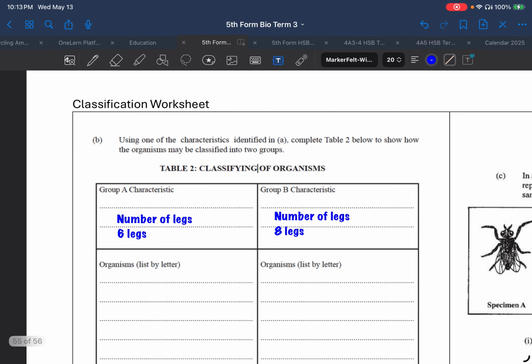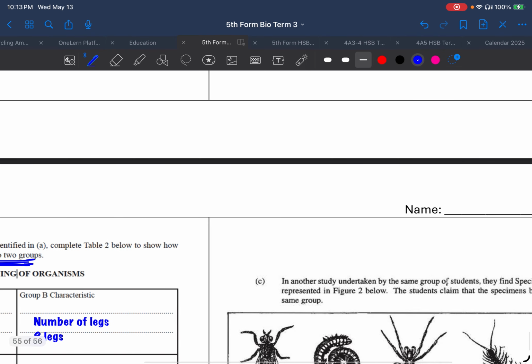Then I'm using one of the characteristics, which is number of legs, to put these organisms into 2 groups.